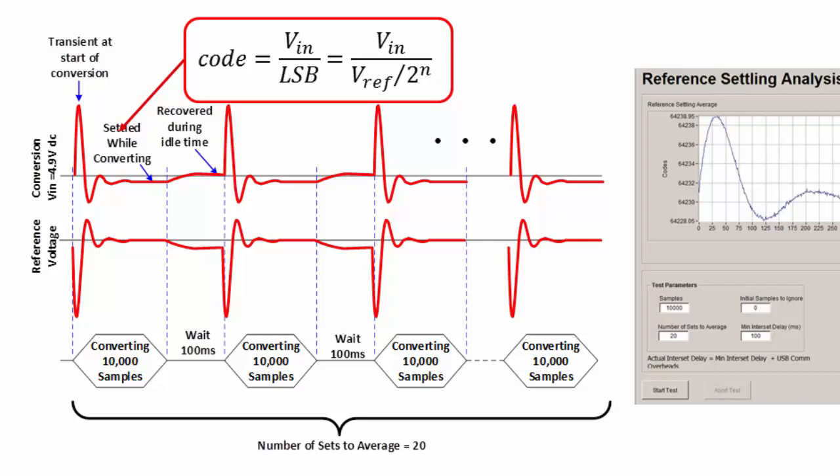We will see that the magnitude and length of this transient is minimized when a wide bandwidth reference like the REF6050 is used. From a practical perspective, this reference settling is an issue in systems that use a sleep mode for power saving. This is because the system measured results will have an error during the initial transient.